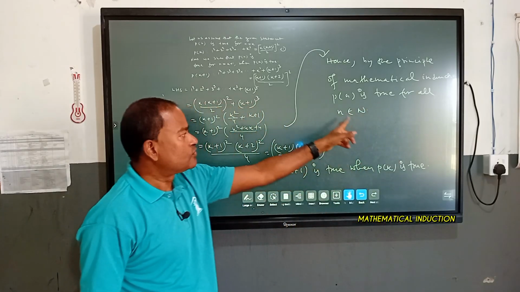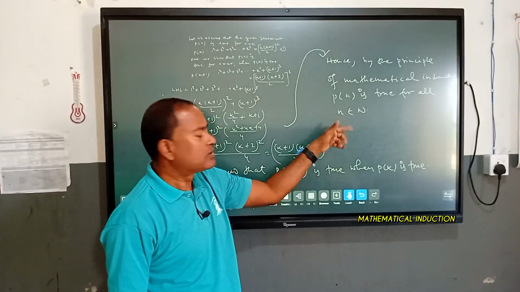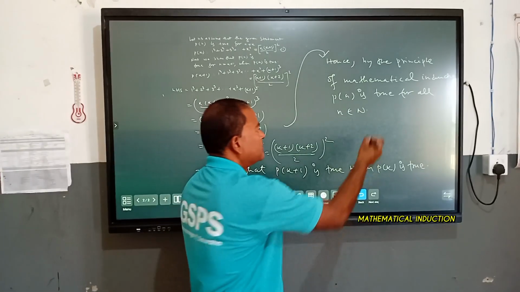That means our given statement is true for all natural numbers n belongs to N.